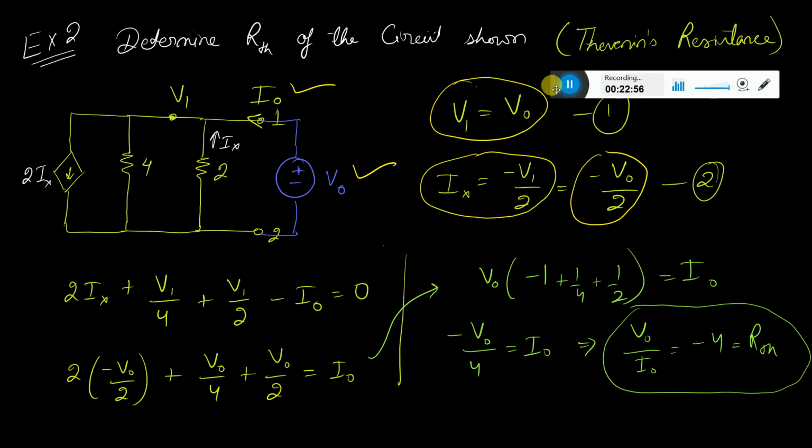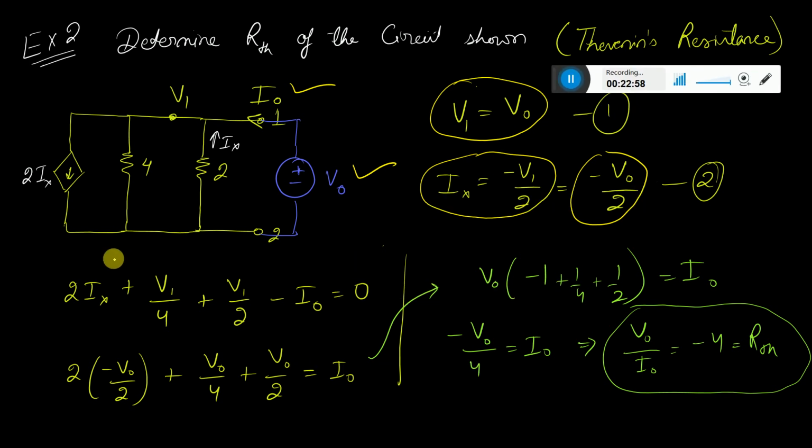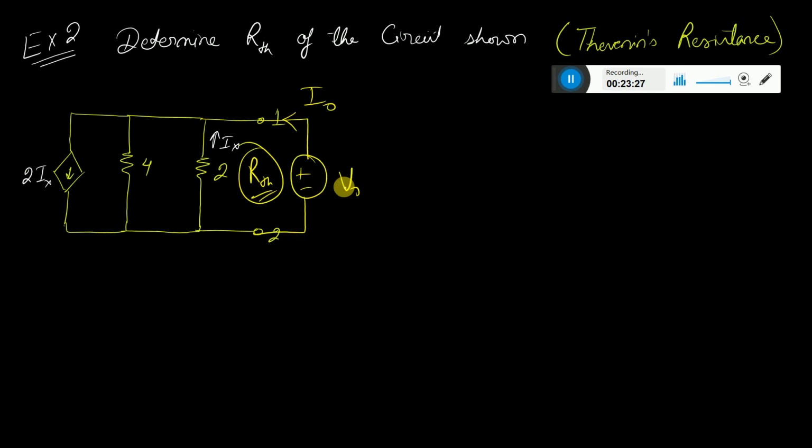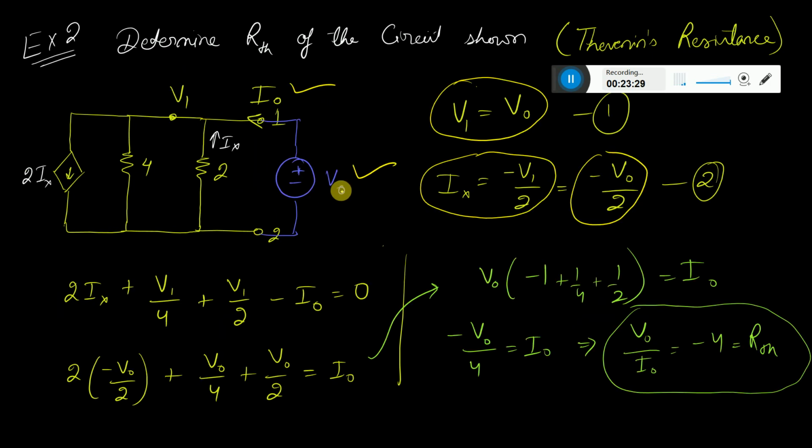So here we can write the equation: 2Ix is going down plus V1 by 4, V1 by 2, minus I0. And then we just put the value of Ix here and get the value of V0 by I0, and again we get minus 4. So you have seen that by taking the source as V0, also we can take the source as I0, we can easily solve the problem and get the same answers.